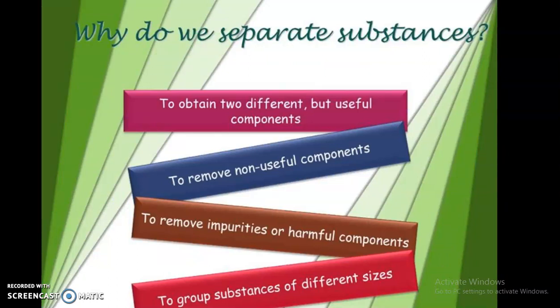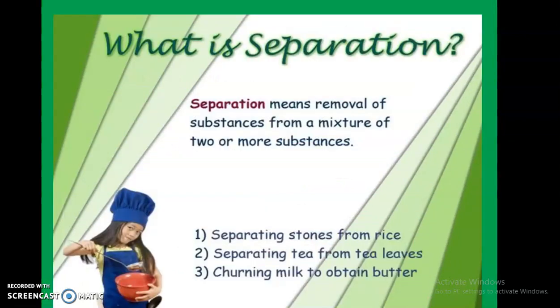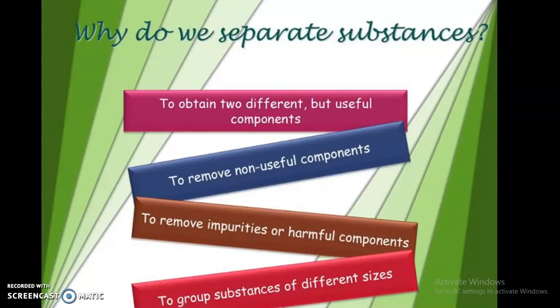To obtain different but useful components. As we have talked about in the definition, it is a removal of substances from a mixture of two or more substances. So from those substances we are attaining the useful components. To remove non-useful components.